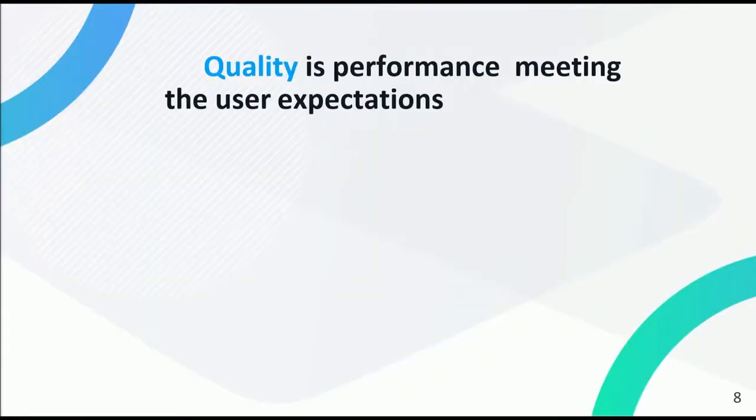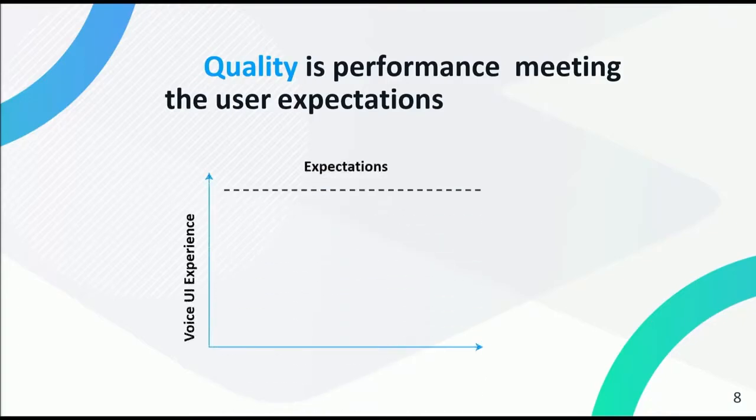Now, when we talk about quality, high quality is often defined as when expectations are met, that is, when the performance meets or exceeds the expectations of the users. Well, the problem with voice UIs is that the expectations are set extremely high.